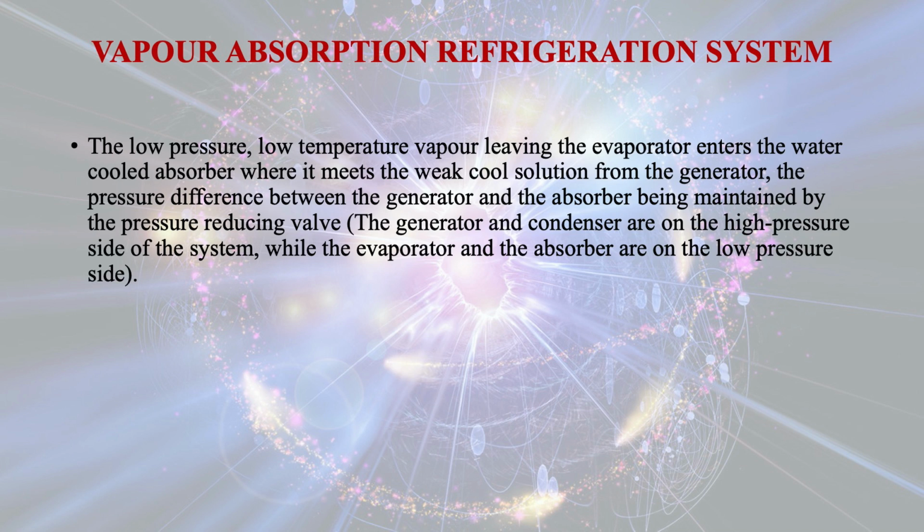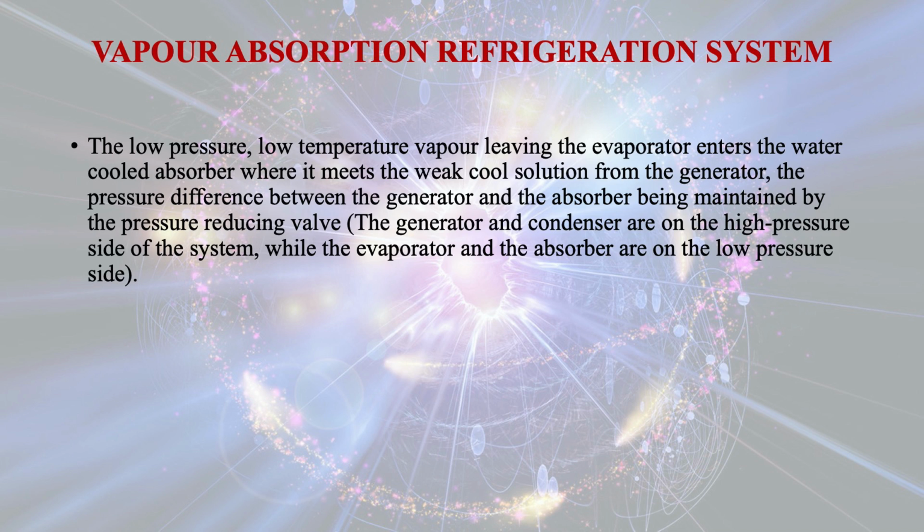The low pressure, low temperature vapor leaving the evaporator enters the water cooled absorber where it meets the weak cool solution from the generator. The pressure difference between the generator and the absorber is maintained by the pressure reducing valve.